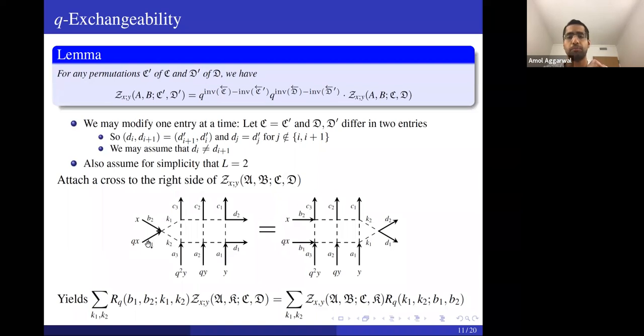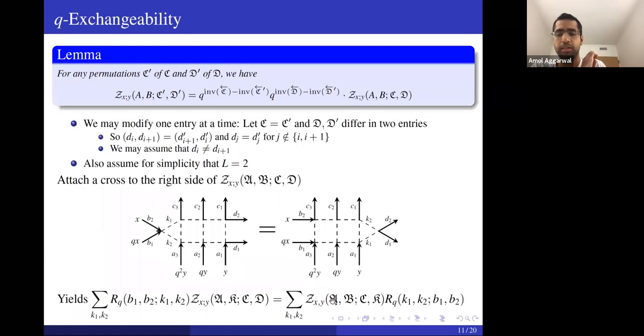Okay, so I have R_q of b1, b2, and then I sum over k1 and k2, and then I have this bundled weight of Z_xy of a coming from the bottom, now k coming along the left boundary, c exiting along the top, and then d exiting along the right boundary. So that's the left side. And on the right side, I start out with the bundled guy.